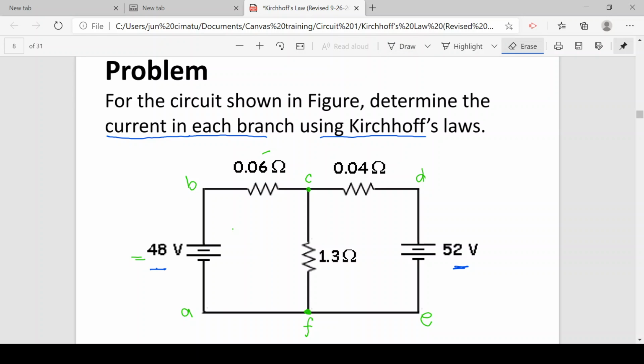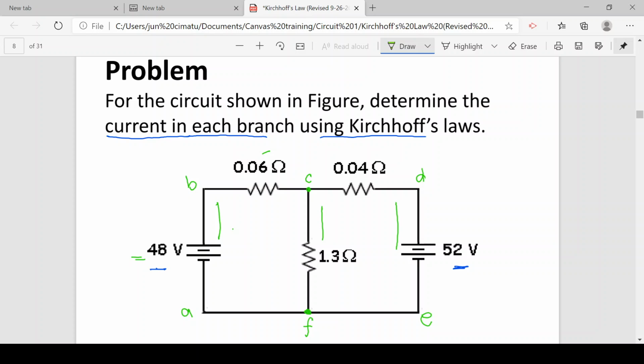So there is a current in this branch, and the 52 volt source and 0.04 ohm are connected in series, forming one branch. And so there is also a current in this branch, and the 1.3 ohm terminates at junction C and F. And so there is a current in this branch.